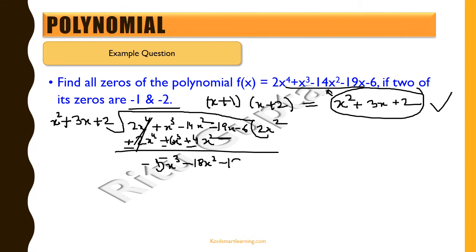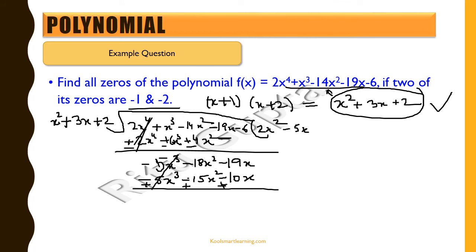We get the next term down, minus 19x. So we take a minus 5x over here. So we get minus 5x cube minus 15x square minus 10x. So again this gets cancelled.